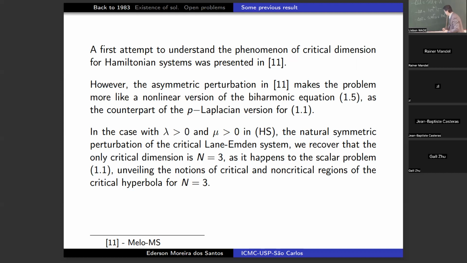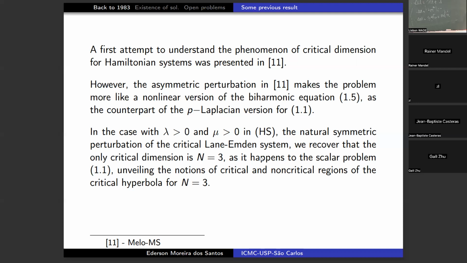And so here the perturbation was just in this spot. So this was an asymmetric perturbation. And in this case, for this particular case of perturbation, I would say that the system is more like a biharmonic equation.